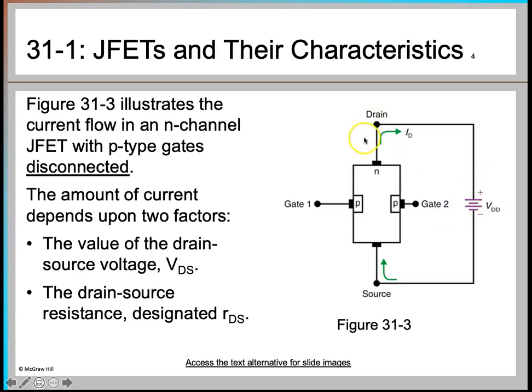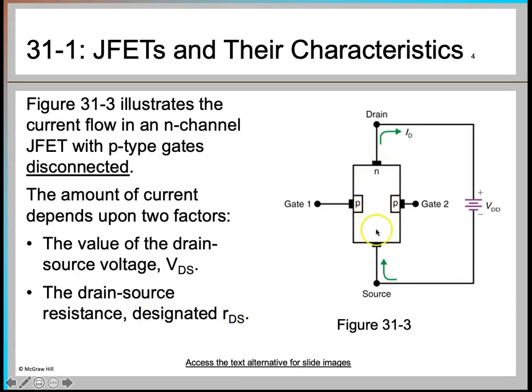So here the current which is flowing in this circuit depends upon two factors. The value of the drain source voltage, which means the voltage between the drain and the source, that is called your VDS, and this VDD you are applying, and the drain source resistance, which is designated by RDS, and that drain source resistance basically appears in between the drain and the source.